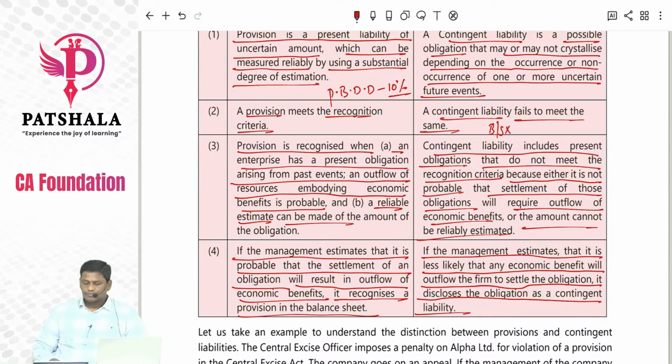Last point, if management estimates the outflow of economic benefits, it recognizes the provision in the balance sheet.